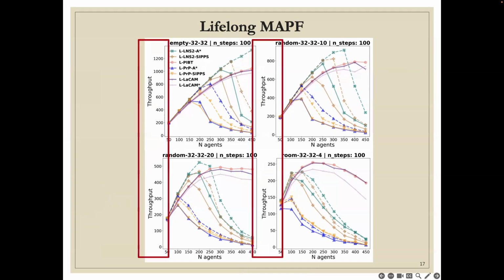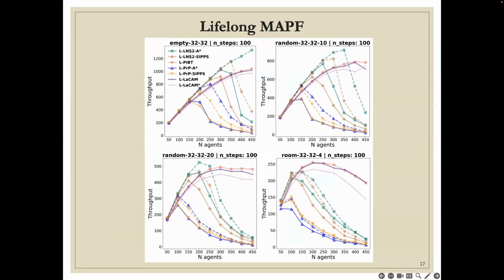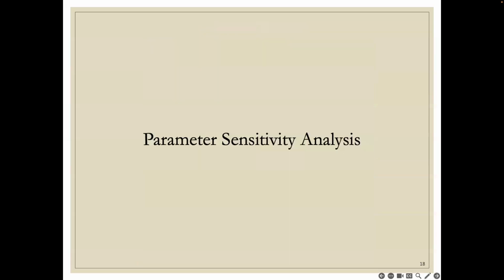You clearly see, when we look at the y-axis, which stands for throughput, that the APF-enhanced versions achieve much higher throughput, and this is good, than the basic non-APF versions of the algorithms.